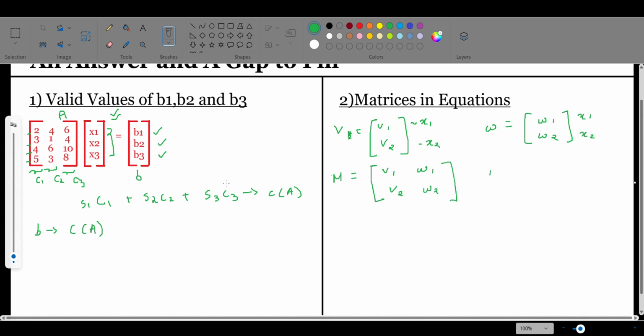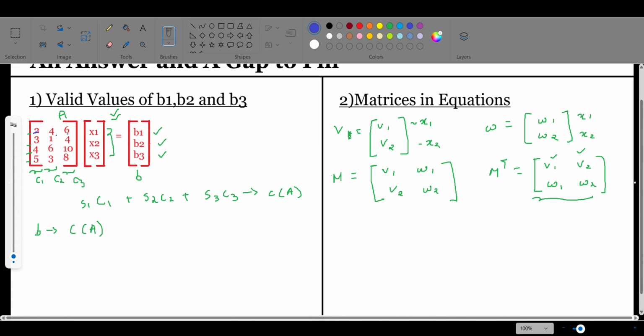And similarly, the transpose of the matrix, remember the variable's name is M, you could use A, you could use B, you could use anything, would be V1, V2, W1, W2. So if you notice over here in M transpose, the components of a single vector are horizontally put, in the form of a row vector. We see the same thing happening over here even with A. So 2, 4, 6 are the components x1, x2, x3, but they're horizontally put instead of vertically put.